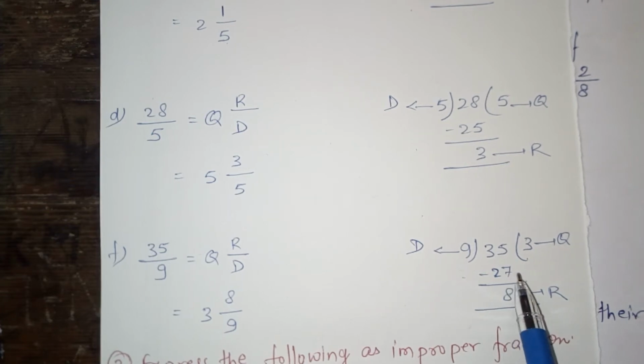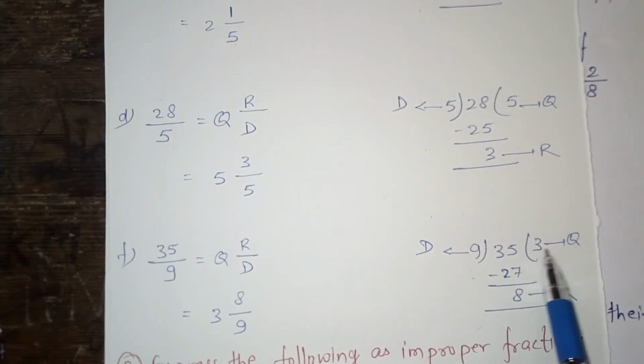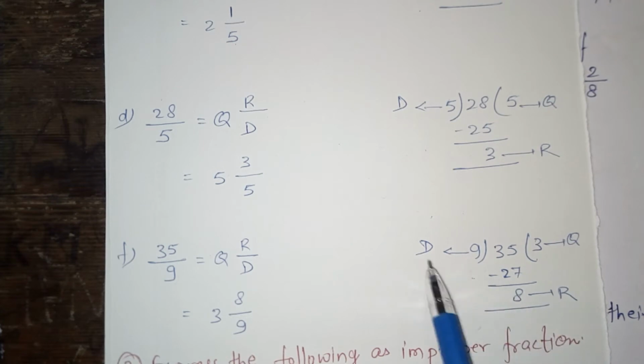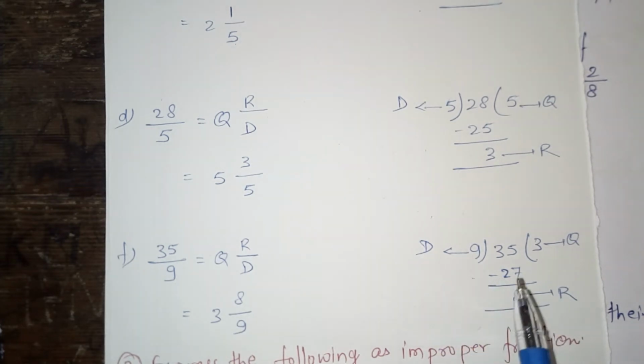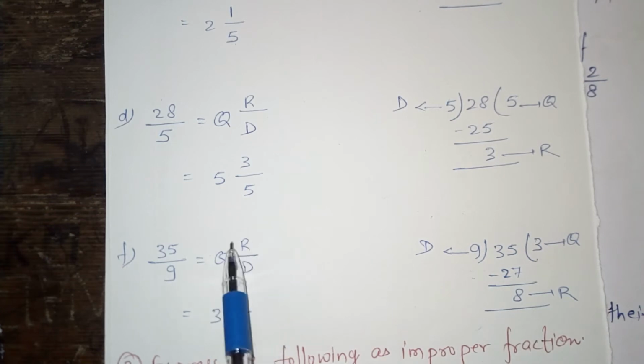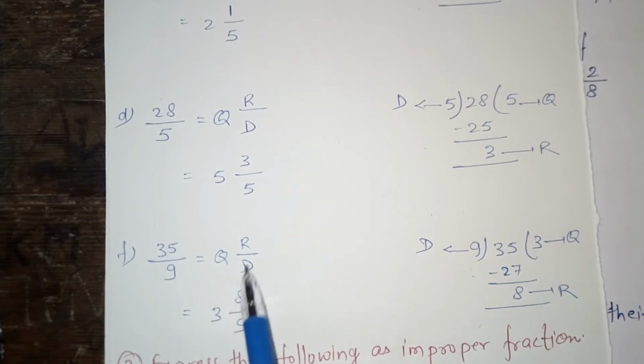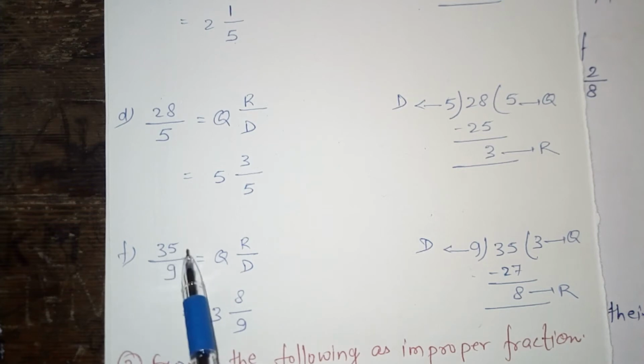So quotient is 3, remainder is 8, divisor is 9. In the given formula Q R upon D, we put in the belonging numbers. Q is 3, remainder is 8 and divisor is 9. So 3 8 upon 9 is the mixed fraction of 35 upon 9.